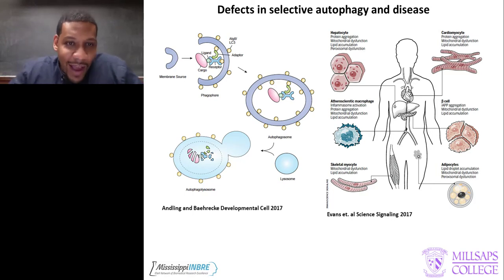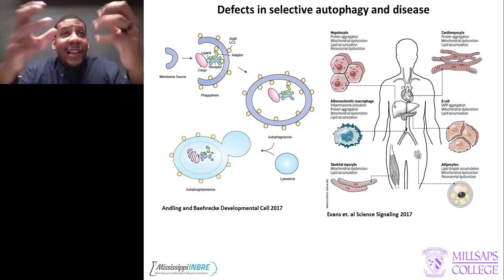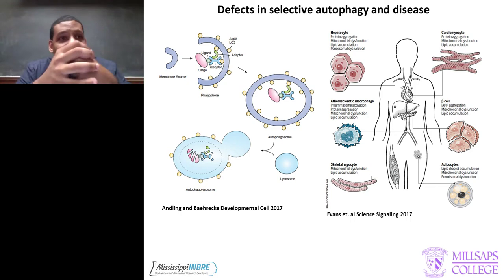So in this example here, what you see is that there is a cargo that interacts with a receptor, and that receptor can interact with proteins that are on the autophagosomal membrane. The protein being highlighted here is a protein called ATG8 or LC3. Okay, so there are receptors that bind LC3 and lead to the specific degradation of that cargo.